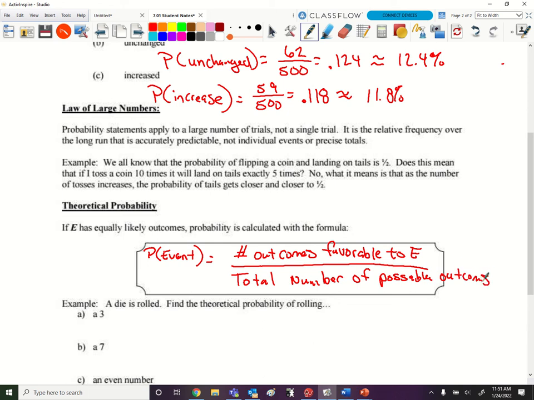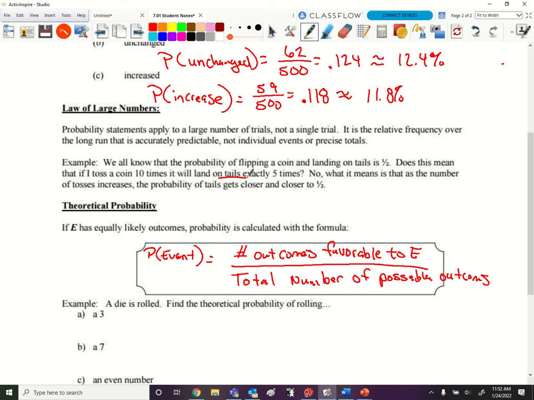So let's say, going back to the coin, tails is one event, the favorable outcome that we're looking for, and the possible outcomes are heads or tails, because there's only two sides there.